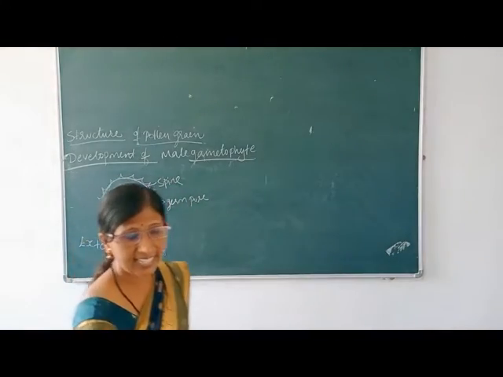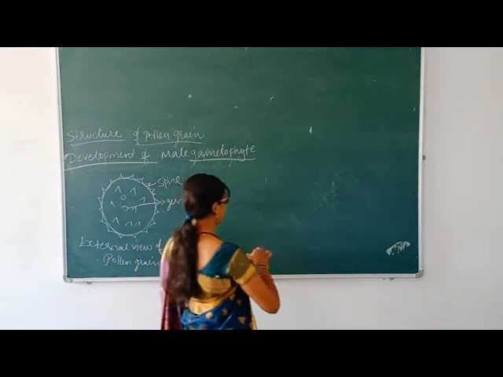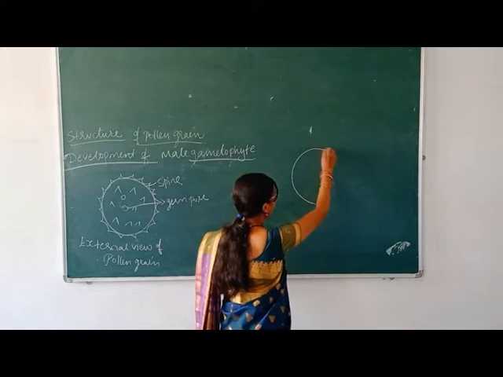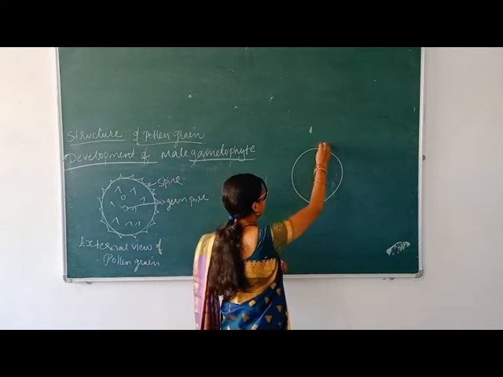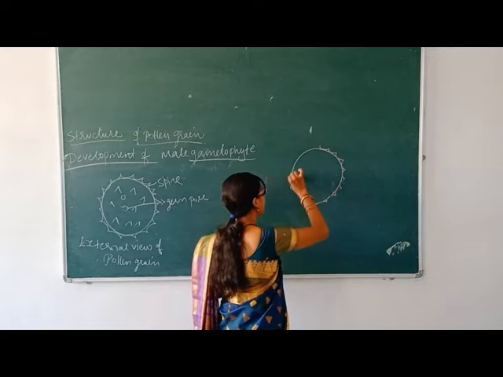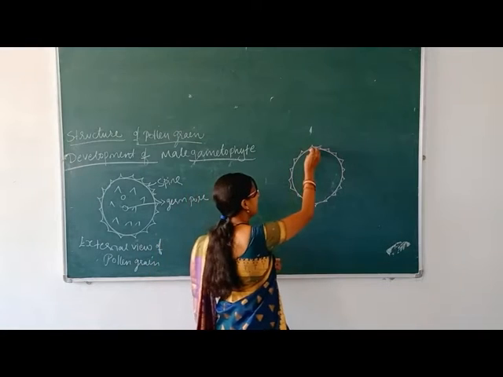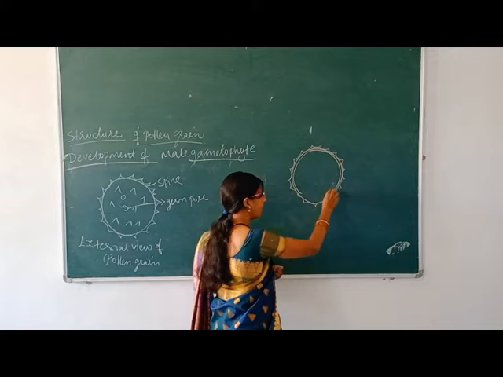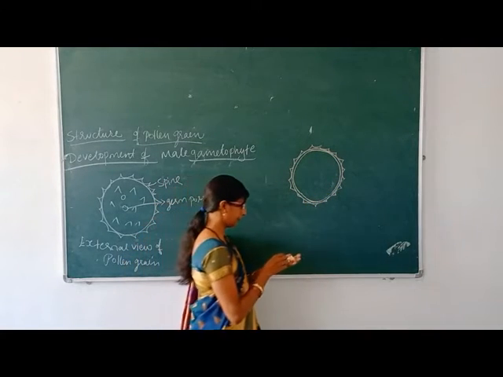The next is the internal view of the pollen grains. In the previous class I already drew the diagram. Now you can see it clearly. This is the outer covering called the exine. The next is the intine.